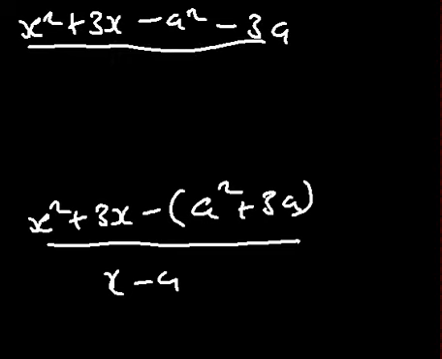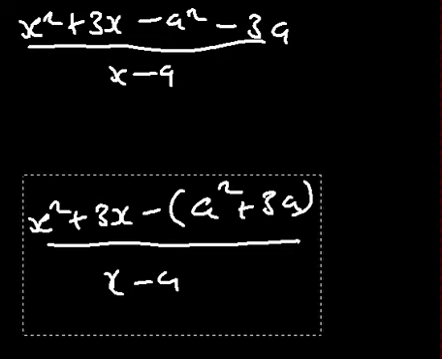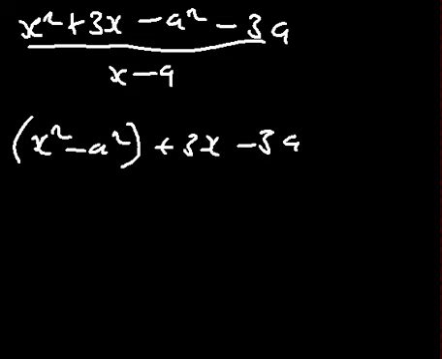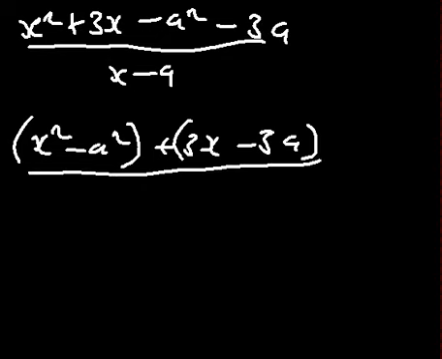Divided by x minus a, and of which you bring x squared and a squared together. So we have x squared minus a squared, and then plus 3x and minus 3a, and divided by x minus a.